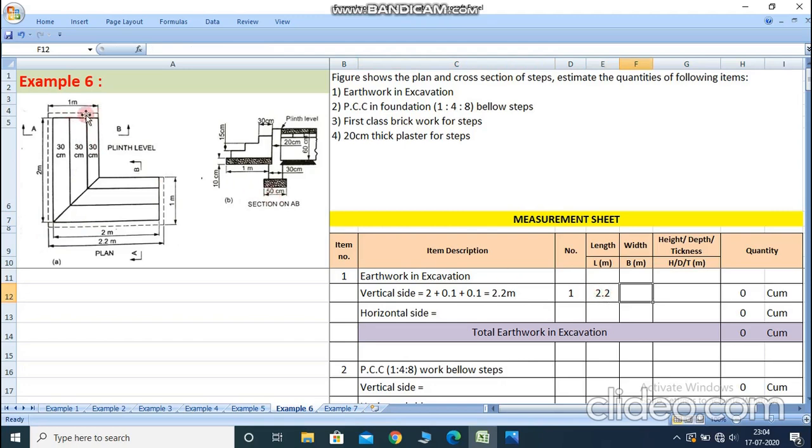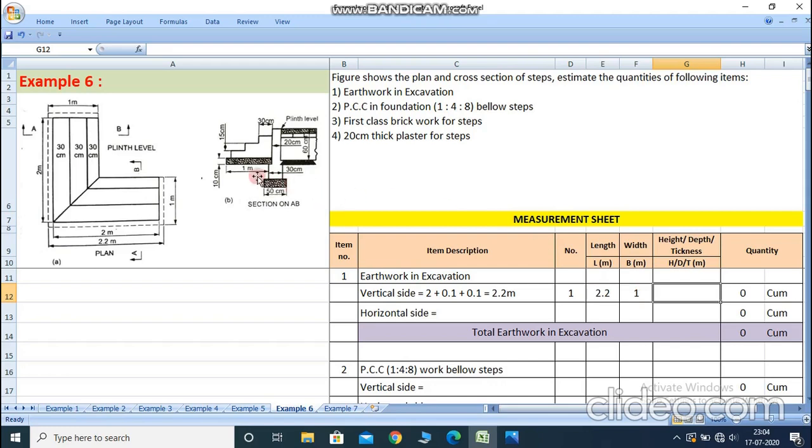Width is the dotted line showing the excavation part. So the excavation part is 1 meter. So here the width is 1 meter, and the depth for the excavation. Only a small part is given for the excavation.